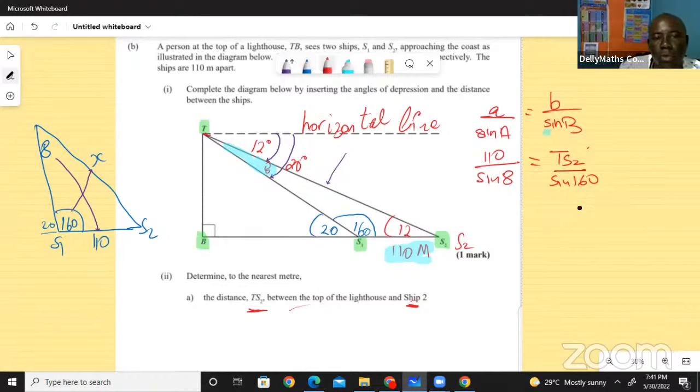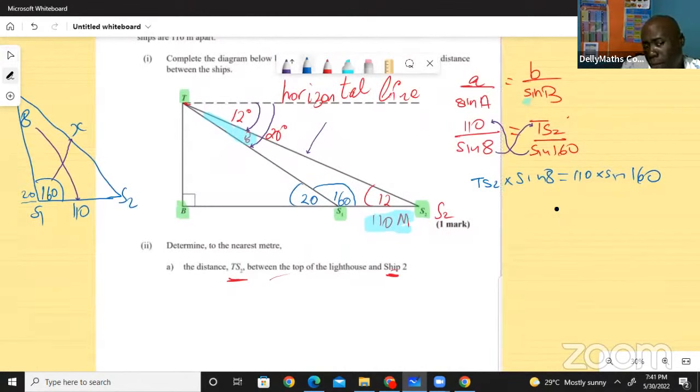So at this time, what we want to use now is cross multiplication. TS2 times the sine of 8 degrees is equal to 110 times the sine of 160.